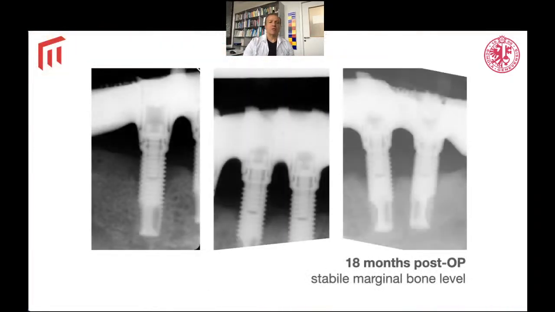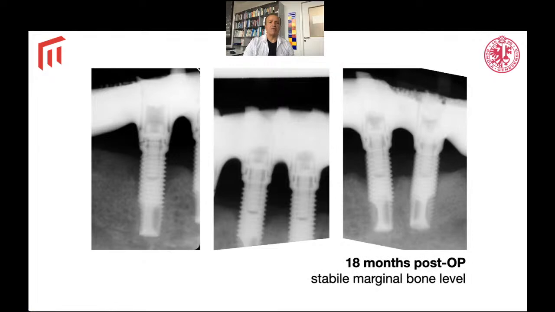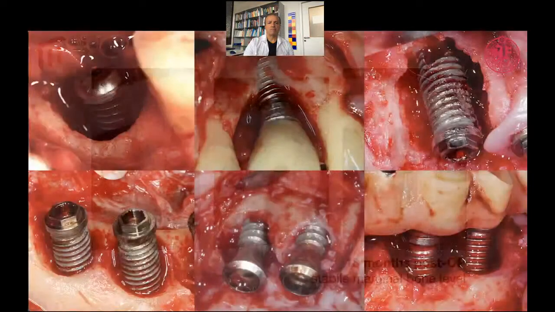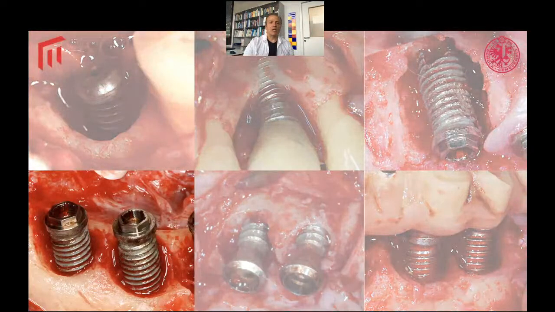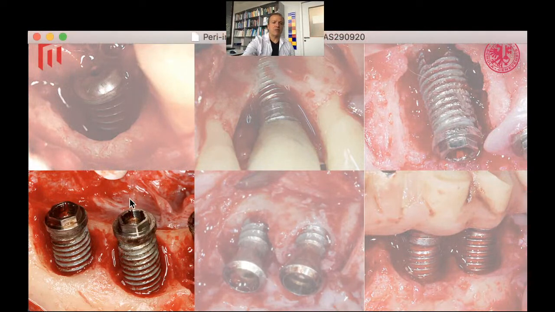And here are the X-rays where you can see stable bone levels 1.5 years after treatment. Now looking at this other image, on the other side of your screen, we have a similar defect configuration as the previous case, so primarily horizontal. We have the same type of implant, a screw type of implant, but a different implant structure.